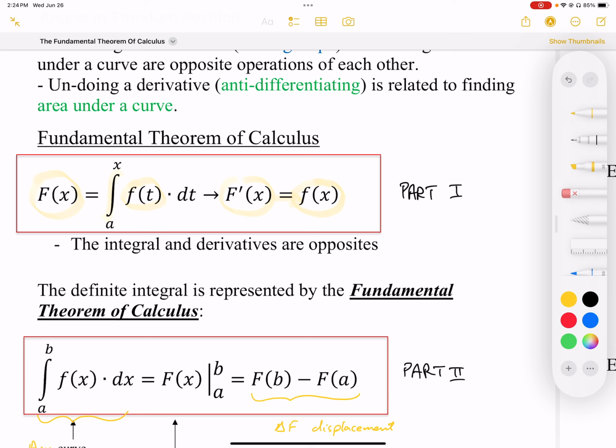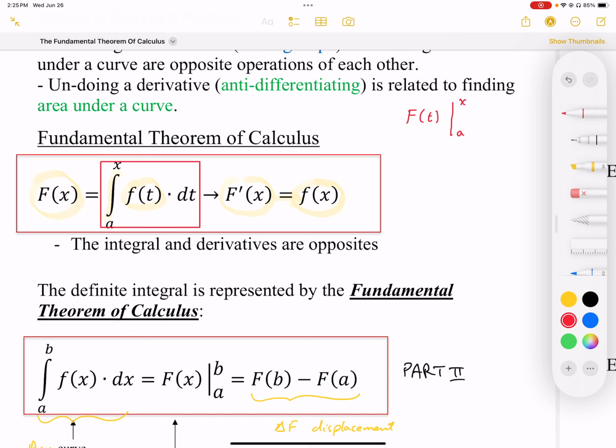Now, we can take a little bit closer look at part one. If I start with the integral piece here, and I anti-differentiate that, I'm going to end up with big F of t from a to x.